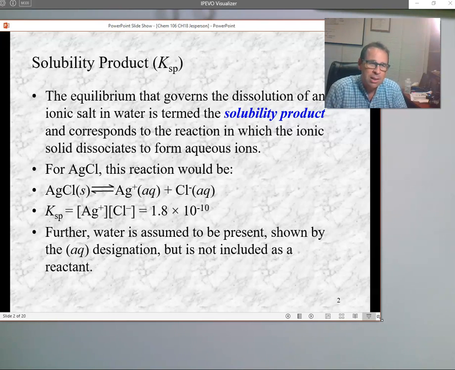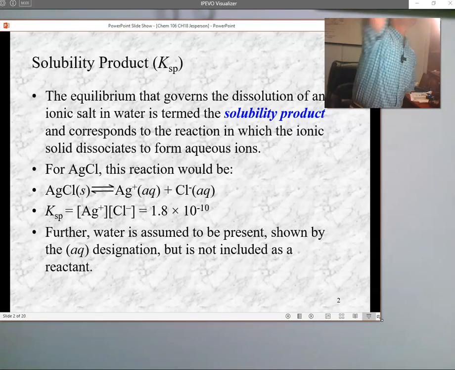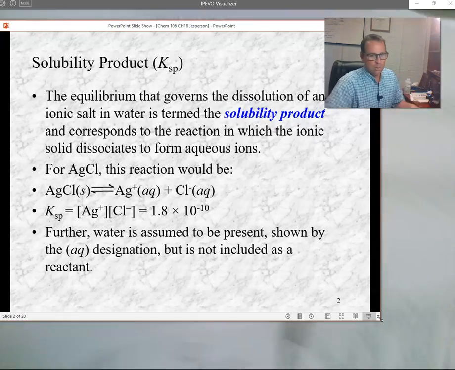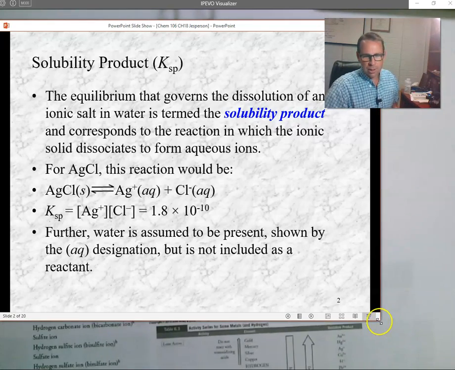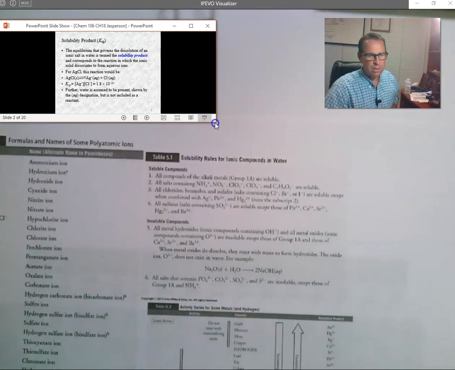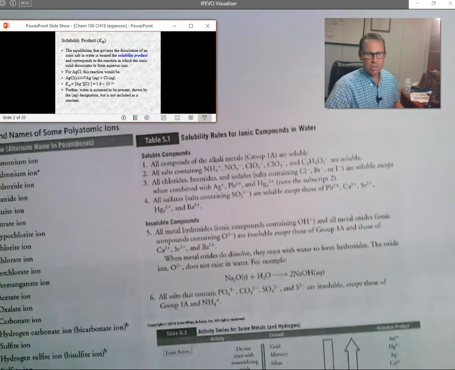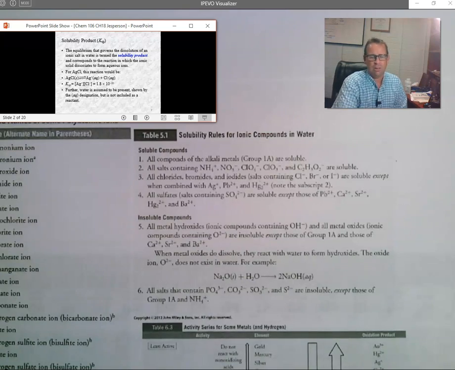So this premise is about the solubility rules. Solubility rules weren't exactly the funnest thing. I haven't tried to grind this into your heads and have you memorize it, because you can just look on Google and find a table of solubility rules.